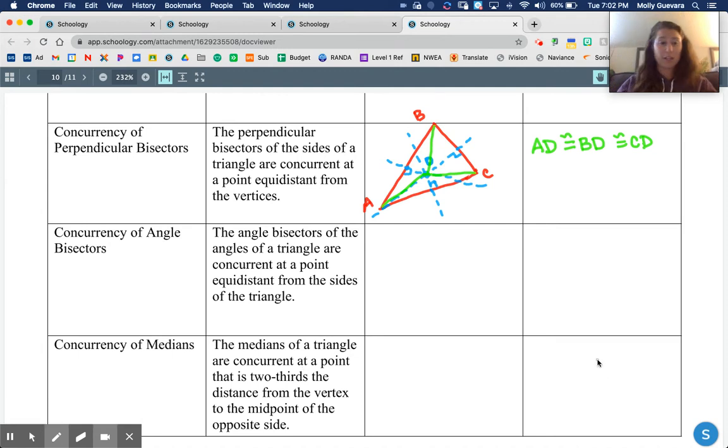The other one is what happens when all the angle bisectors come together. So I'm going to draw, this one I kind of want to draw bigger. Let's do that.